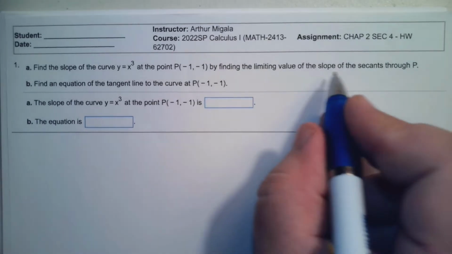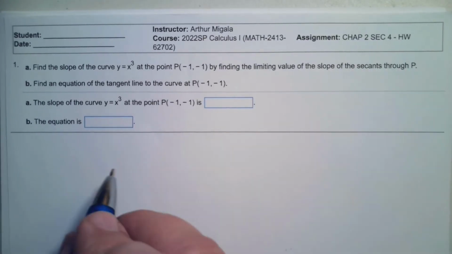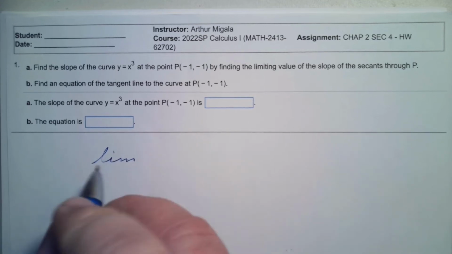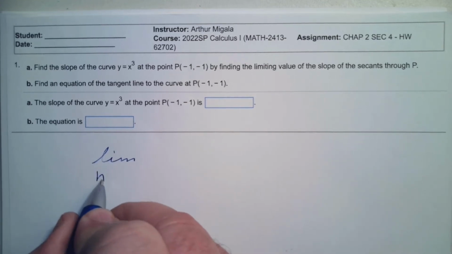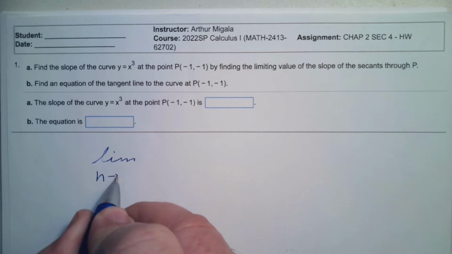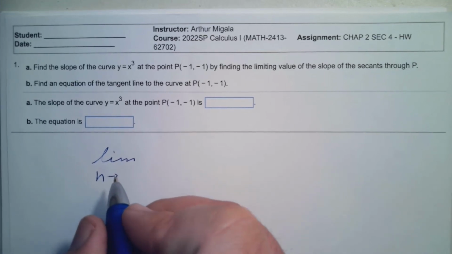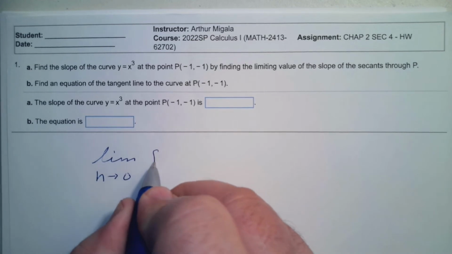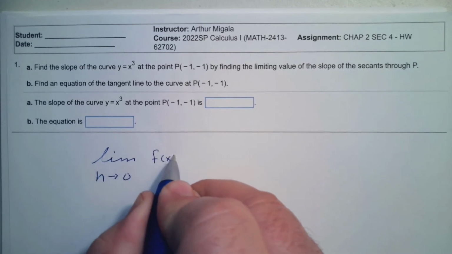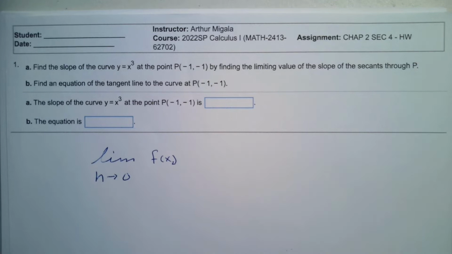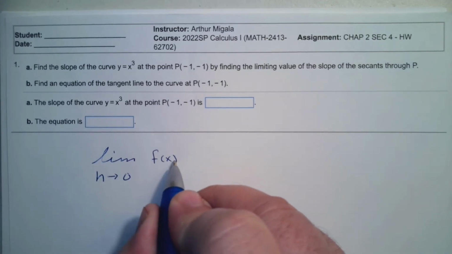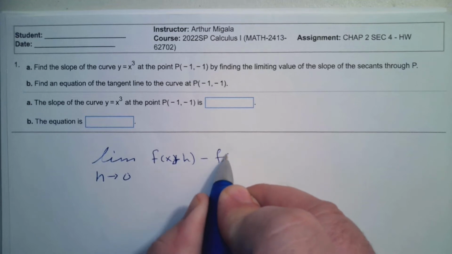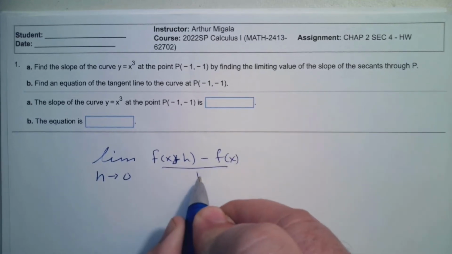So to find the slope of the secant line, we're finding the limit as h approaches 0 of f of x plus h minus f of x over h.